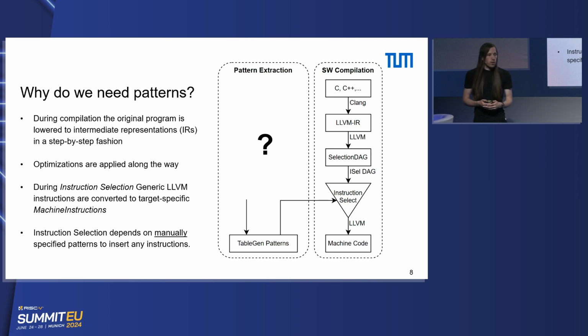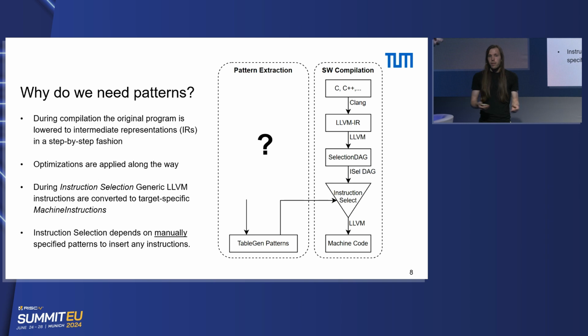Now, before introducing our approach, I would like to introduce why instruction selection patterns are important and how they are used. On the right side of this figure, you can see how a regular C or C++ program is compiled using LLVM. We start with the Clang front end, which parses the C or C++ code and translates it into LLVM IR, which is LLVM's intermediate representation.